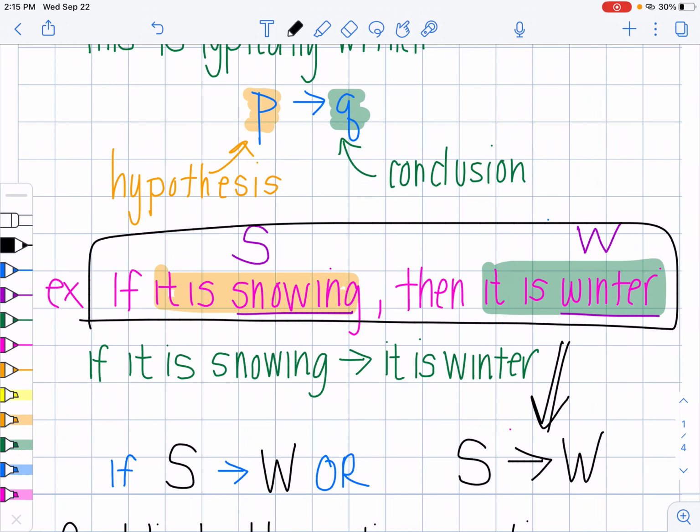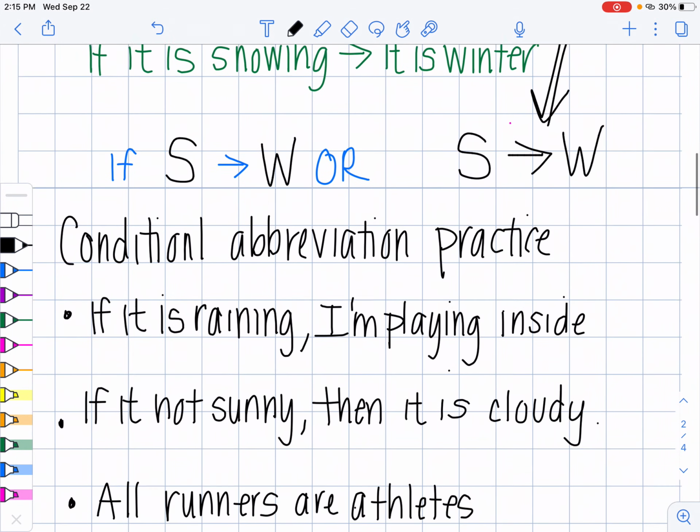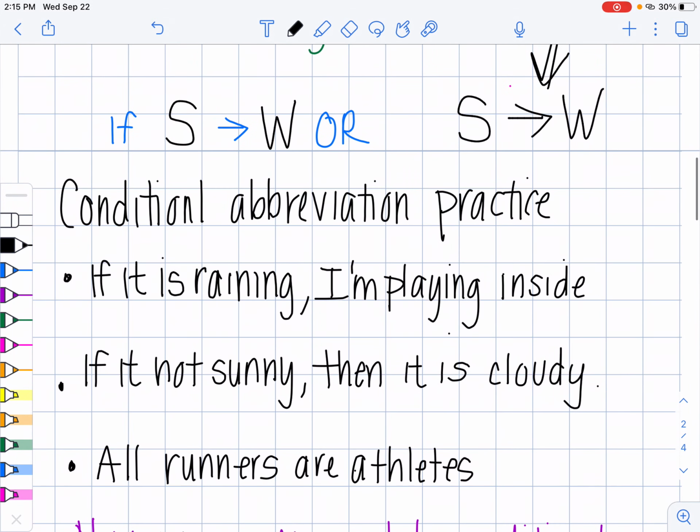Okay. Now, I want to just practice writing some abbreviations before we move on to the next three vocabulary words, what they mean and how to figure them out. So, conditional abbreviation practice. If it is raining, then I'm playing inside. I forgot a then there, sorry about that.